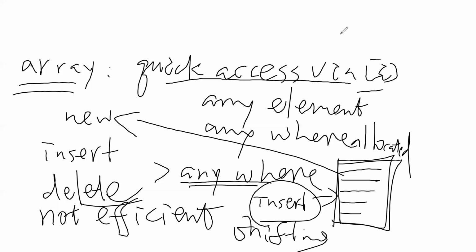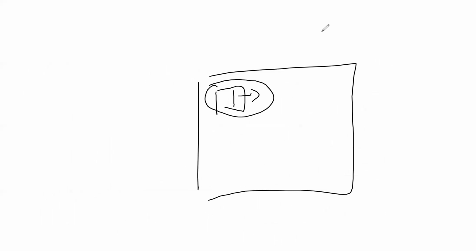Versus a linked list, each time you want to use it, you allocate a single node's memory, just that much. So even regarding memory allocation, the linked list is very flexible.